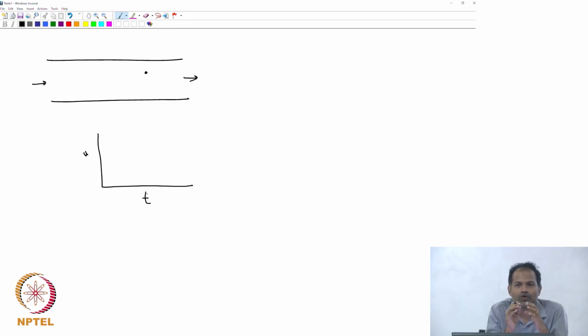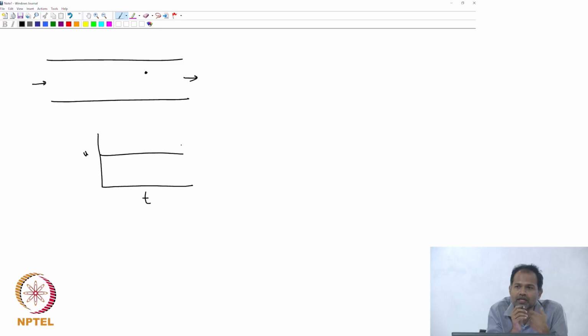If the flow rate is very low, that's really characterized by low Reynolds number. If Reynolds number is sufficiently small and you measure the velocity and plot it as a function of time, if the flow is steady, you are going to see a curve like that. Velocity is not changing as a function of time, so you'll get just a straight line.